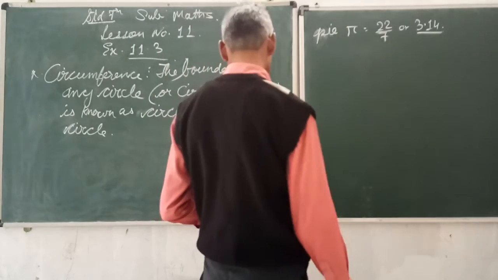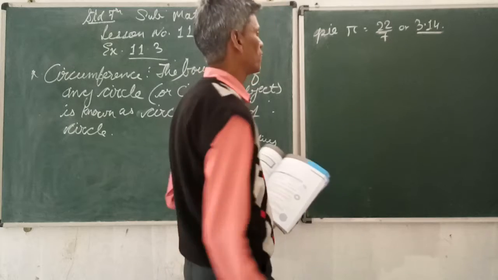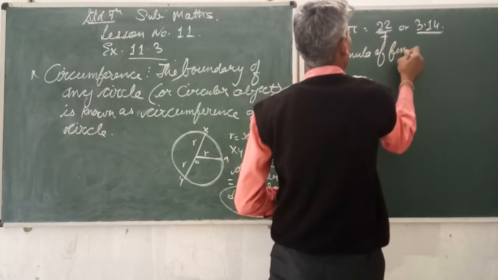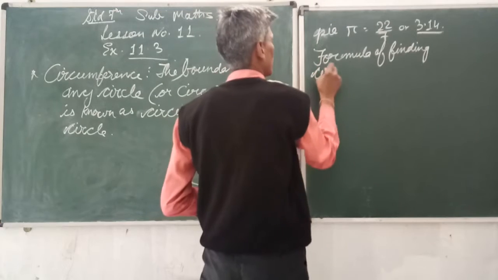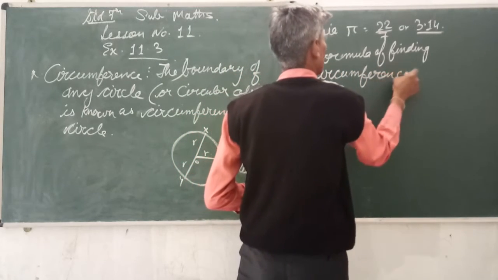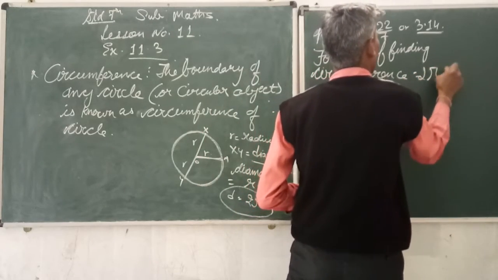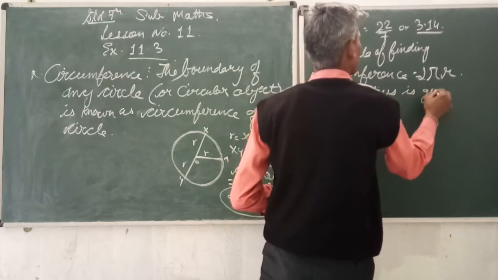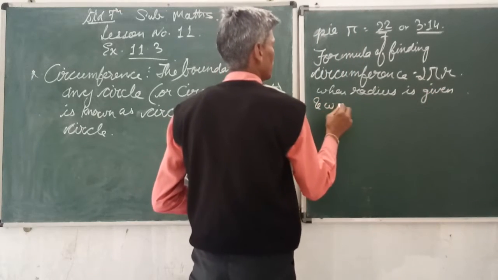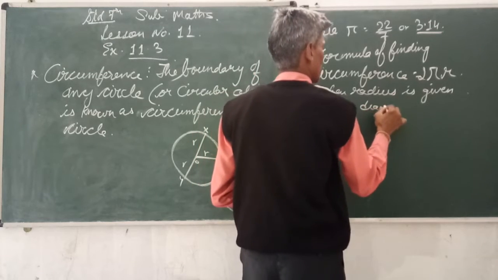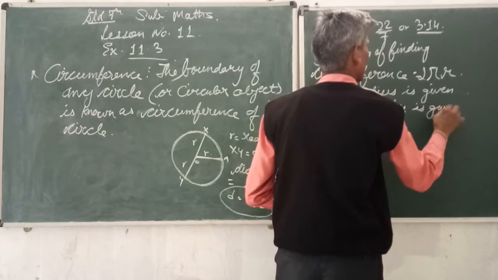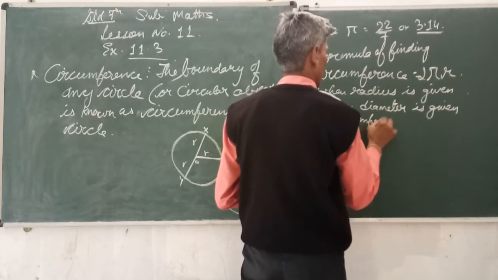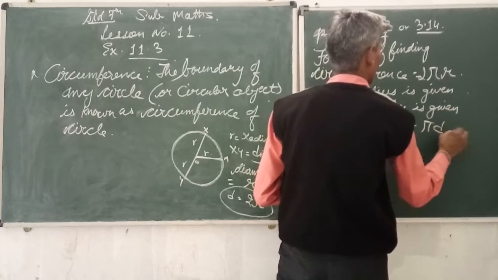Now, example. We'll see how to find circumference. The formula for finding circumference is 2 pi r when radius is given, and when diameter is given, circumference is equal to pi d.